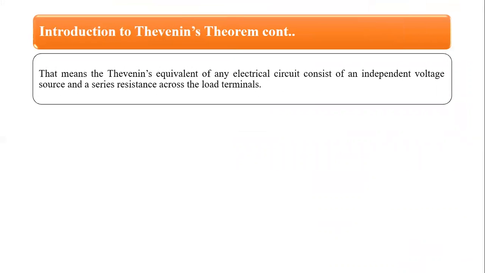The voltage source in Thevenin's equivalent is the independent voltage source, which we call VTH, as already told, and the resistance we call RTH. Both are Thevenin parameters basically.